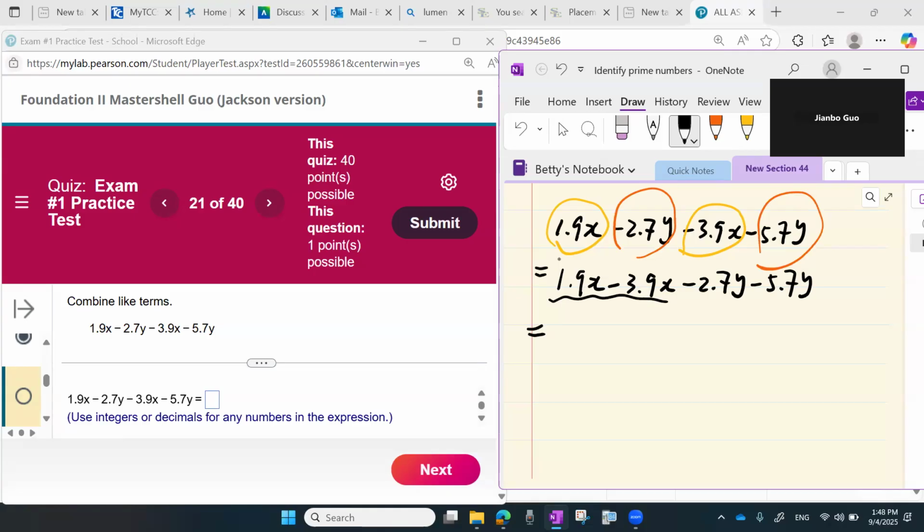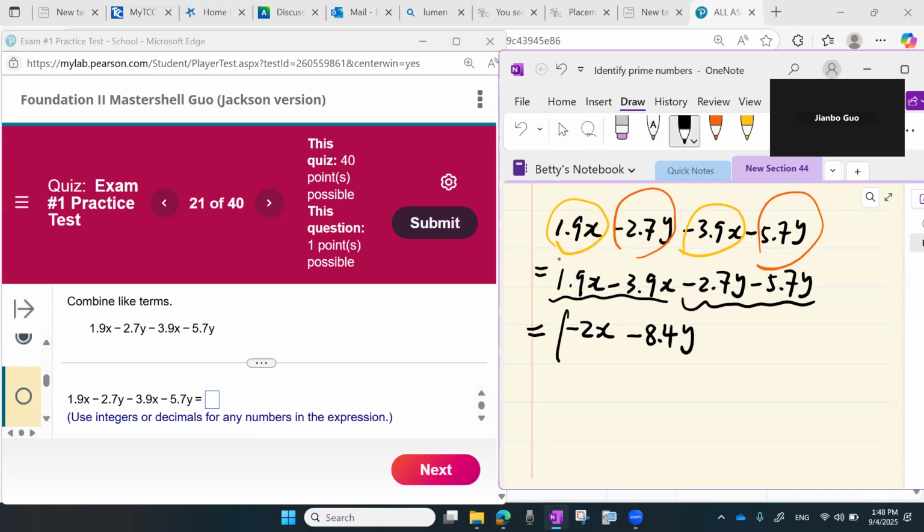1.9 minus 3.9 is negative 2, bring down x. And here, negative 2.7 minus 5.7. Both are negative, so negative 8.4, and copy y.